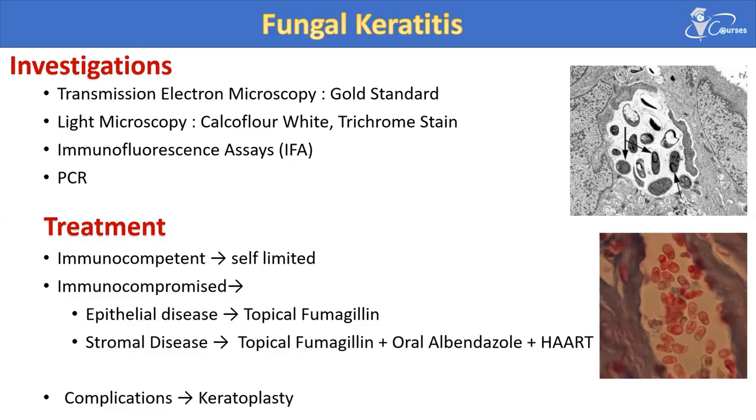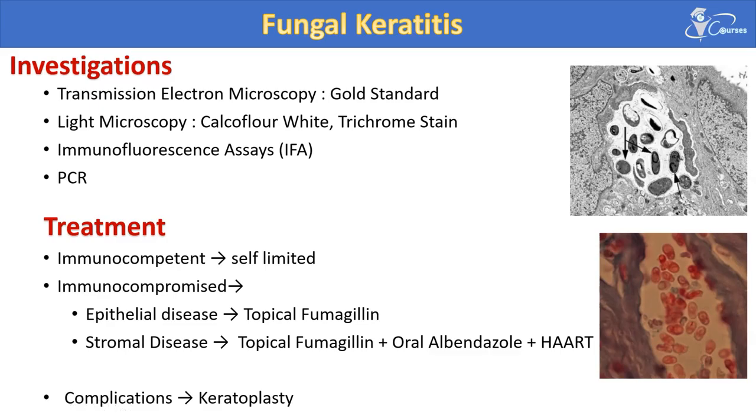Other investigations that can be used are simple light microscopy using stains. Calcofluor white and orange trichrome stain can also be useful to delineate and stain the fungus. Other methods of investigation are the immunofluorescence assay and PCR.